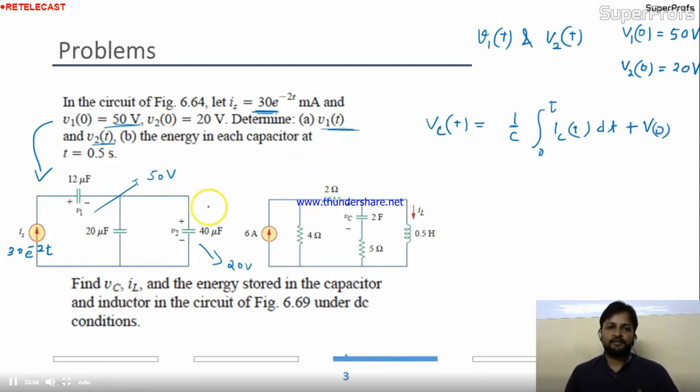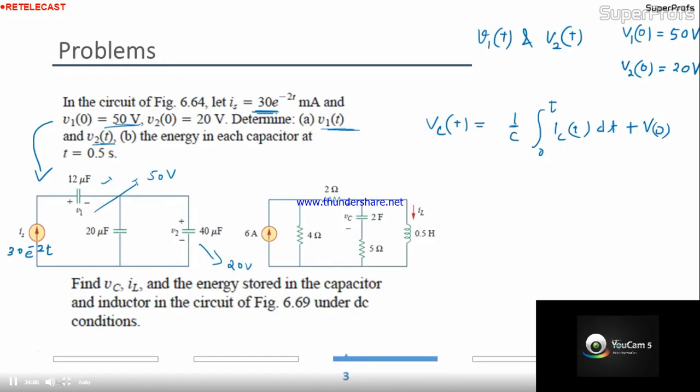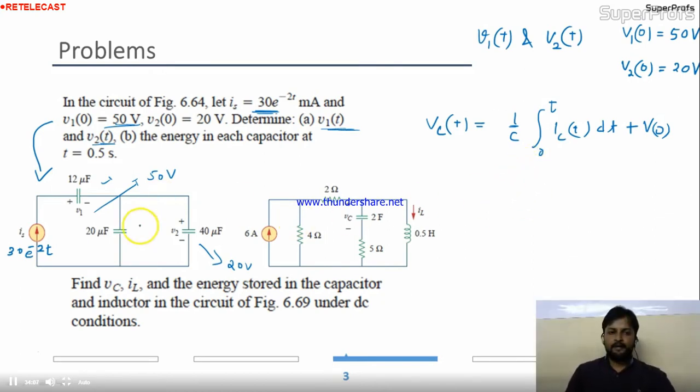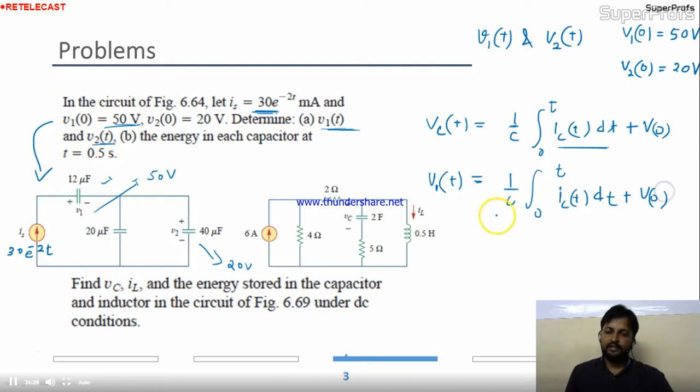So can we easily get the value of V1? Because across this V1 the current is given already. If you are willing to calculate V1, you need to put the values in this formula, integral 0 to t of IC(t) dt plus the initial voltage. So the current is given over here.